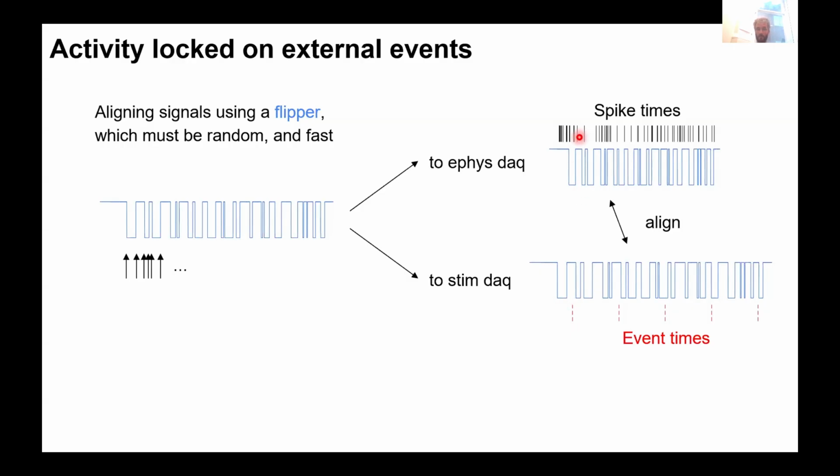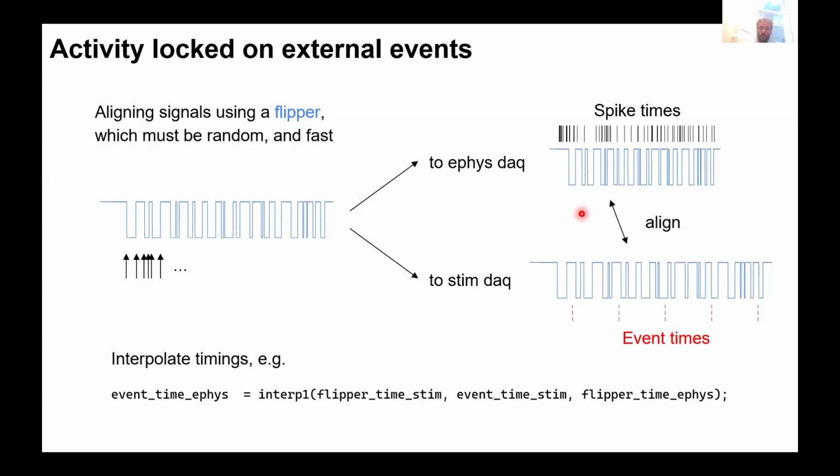And why we have to do that is because if you record things on different computers, they may be recorded at different clocks, because computers have their internal clocks that are not absolute. And just to mention, one way we, at least in the lab, we prefer to align things is to use interpolation instead of just a linear fit, because you could just squeeze the signals with an affine function.